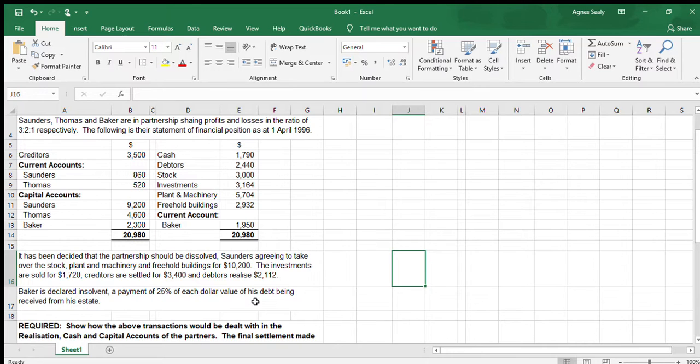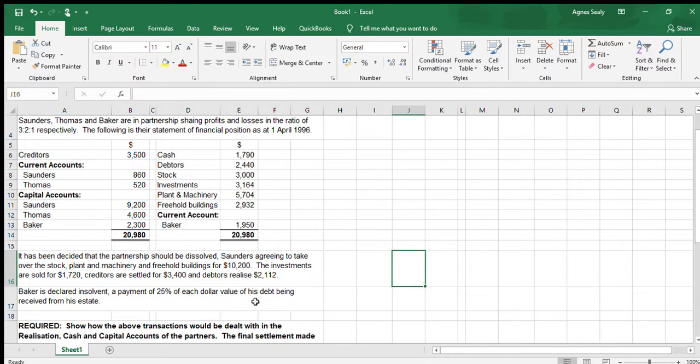And the investments are sold for $1,720. Creditors are being settled for $3,400. And the debtors are going to realize $2,112. And when we say that the debtors are going to realize this amount, what we are in essence saying is this is the amount that we are going to receive or collect from our debtors.